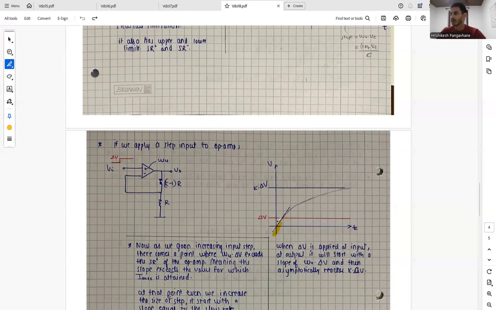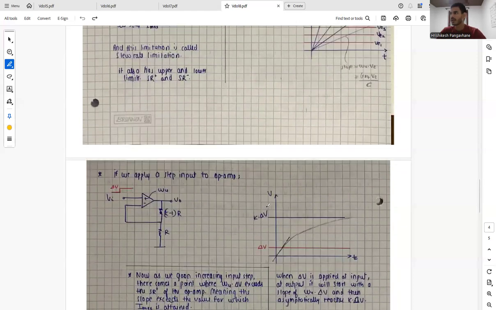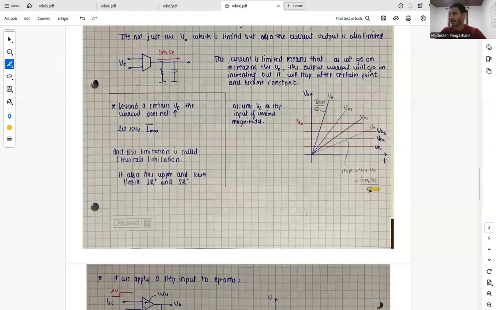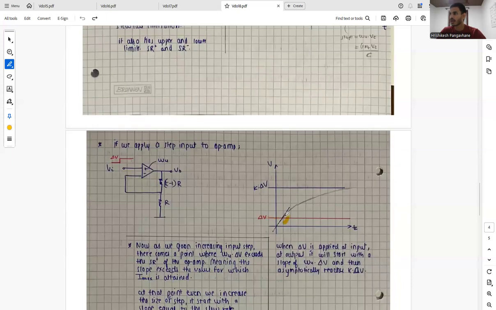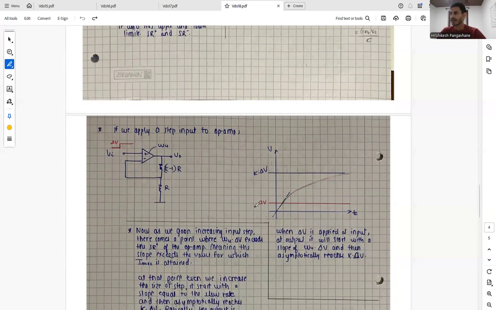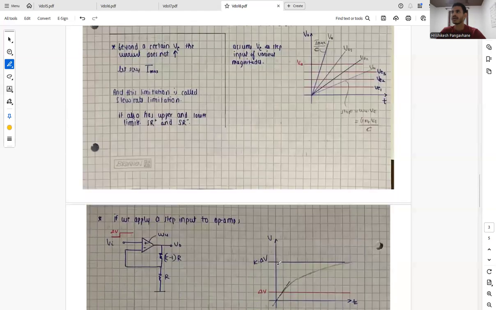It will initially start with a slope of GM V by C, then reduce and asymptotically reach K times delta V. So when delta V is applied to the input, the output will start with a slope, let's say over here, omega U times delta V, and then asymptotically reach K dot delta V.